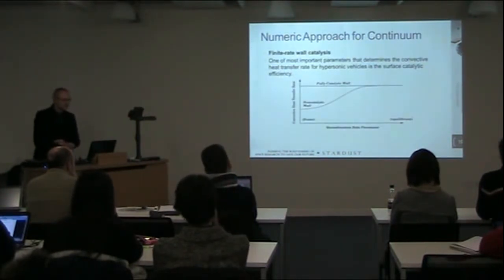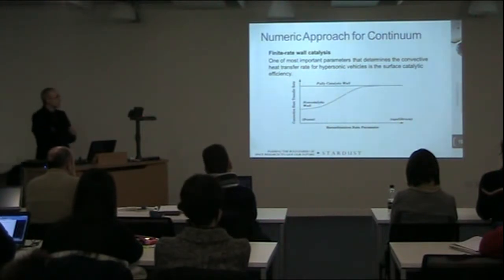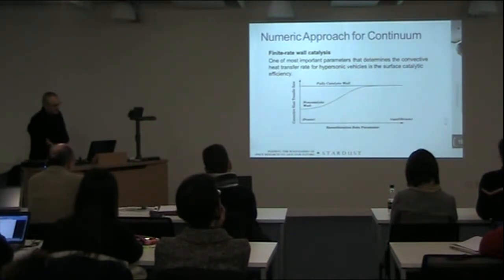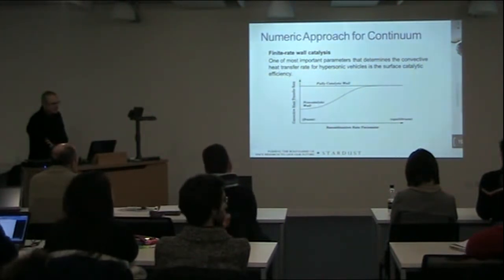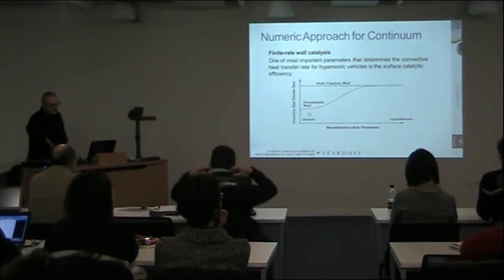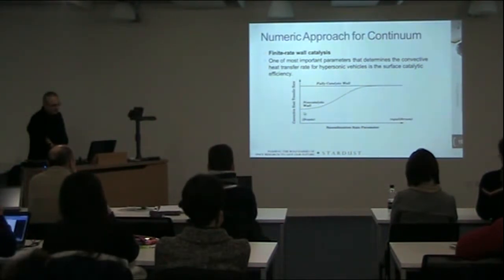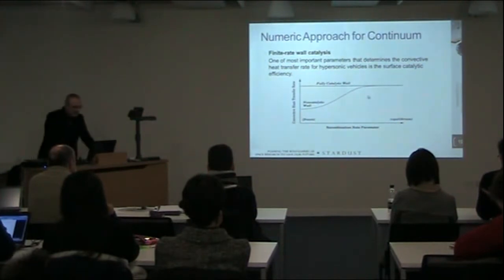For example, here, then I'll go back again. You can see basically that on the left, you can have an idea of what is the level of convective heating. And you see that if it is frozen or if it is in equilibrium, what we can actually easily obtain are solutions here and here.